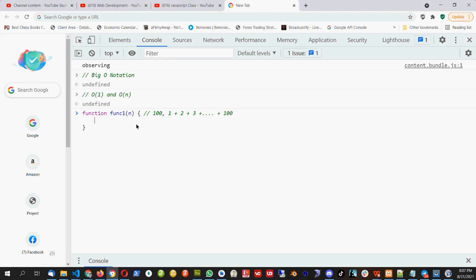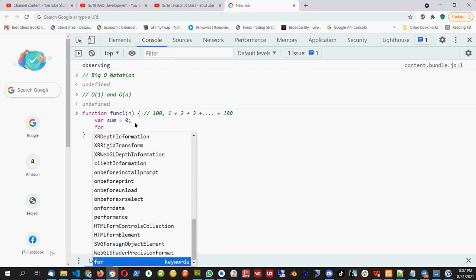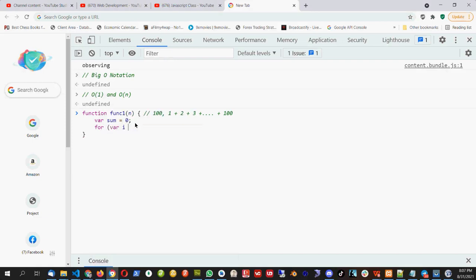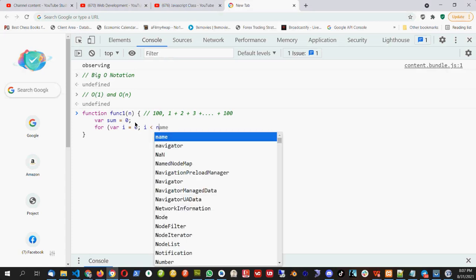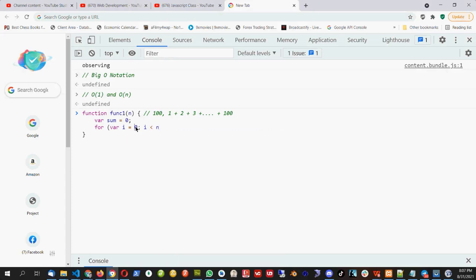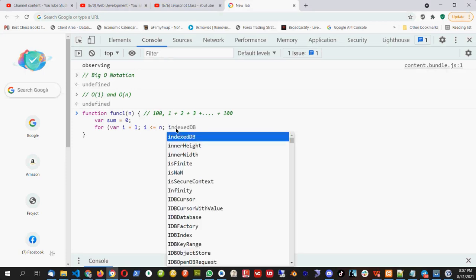So now let's see how we can do that. I will create a variable that is called sum. Initially I will give the sum equal to 0, and then I will use the for loop, and I will go var i equal to 1, and i is less than or equal to n, and i plus plus.